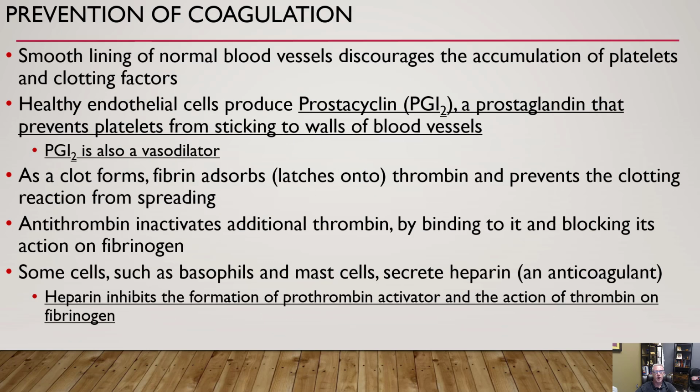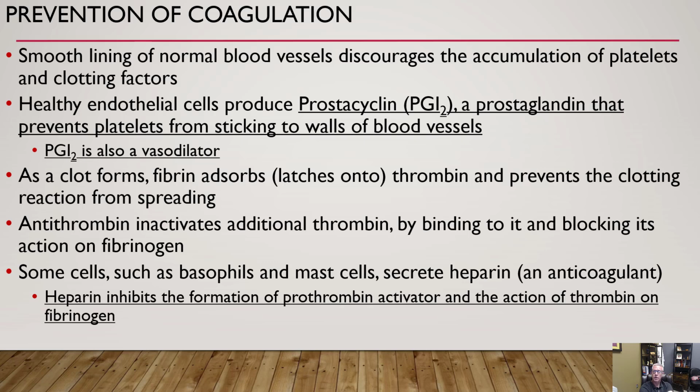All right, prevention of coagulation. So this is like what I was talking about with the Lovenox. But in non-medicine form, what can your body do to prevent coagulation? So we have the normal blood vessels that typically we don't have platelet coagulation or platelet accumulation.